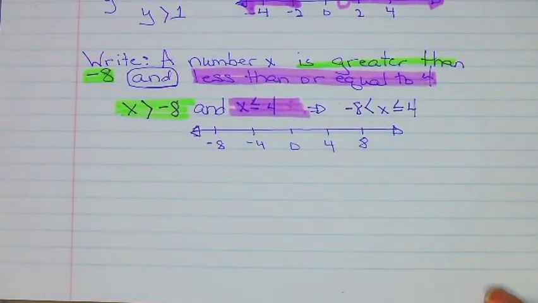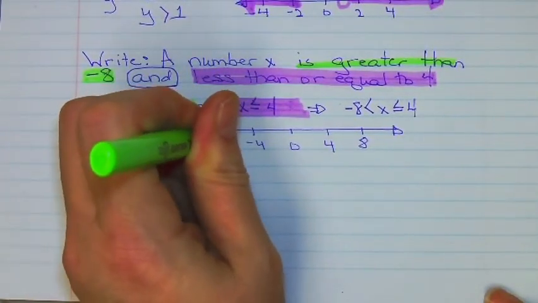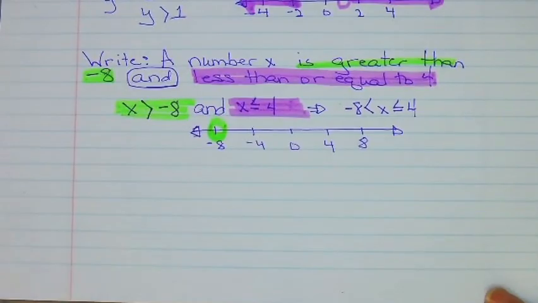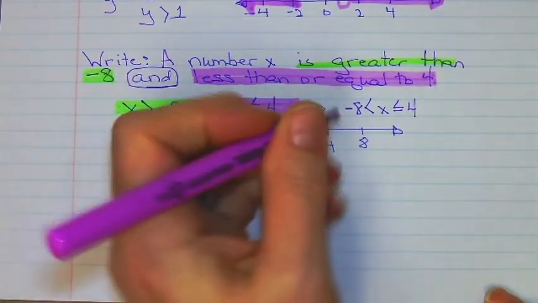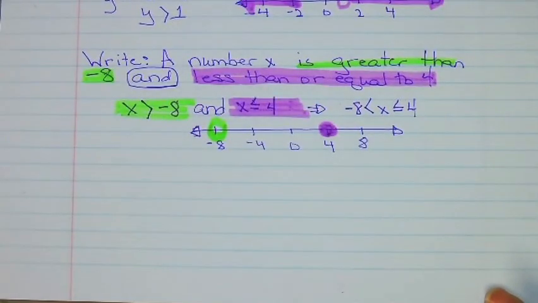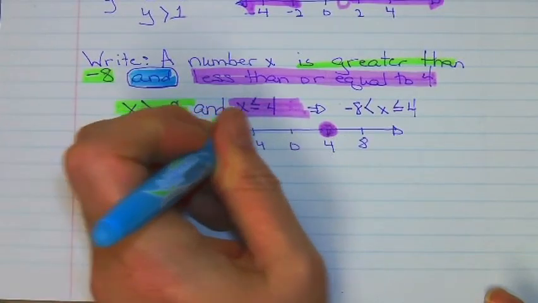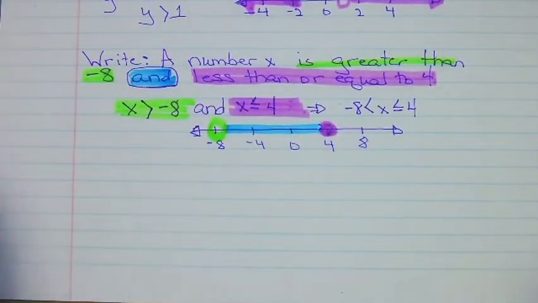So we're going to start with an open circle here and a closed circle here, and the and is everything in between. Okay.